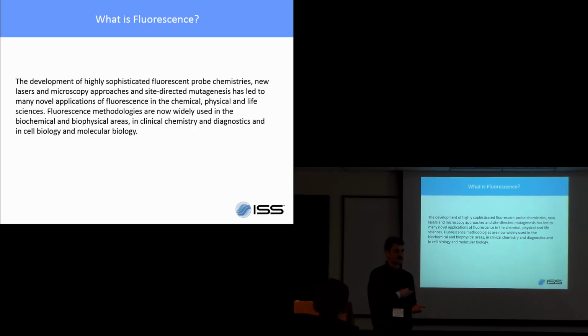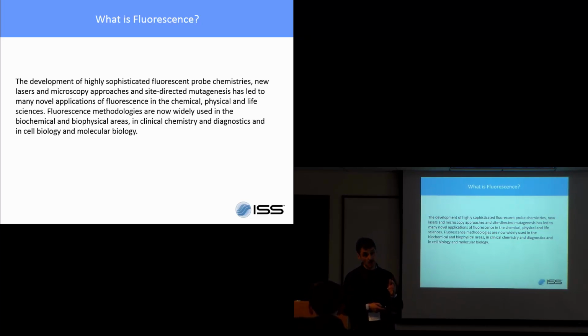The main reason fluorescence became so popular in the past 10, 15 years is due to two things. One is the invention of lasers, light sources that make the application of fluorescence easy to perform. You can open a Thorlabs catalog, buy a laser, and build an instrument.